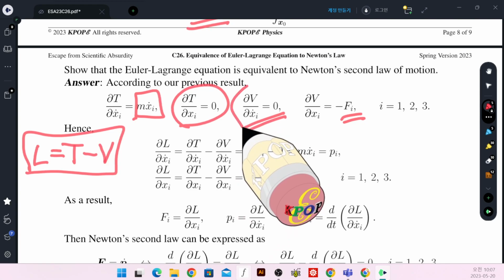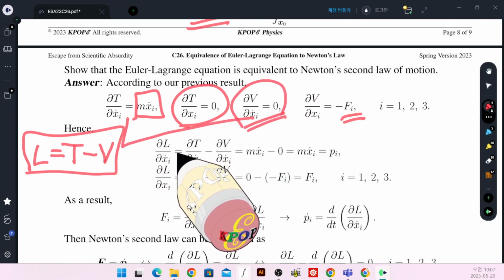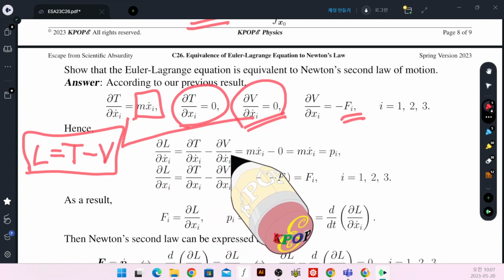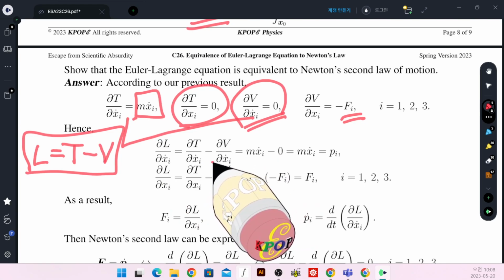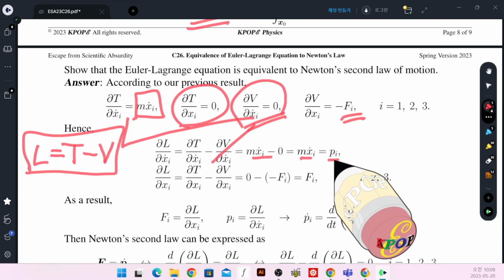The velocity-independent potential, if we combine this, the Lagrangian's velocity derivative is nothing but, because this term vanishes, the linear momentum.